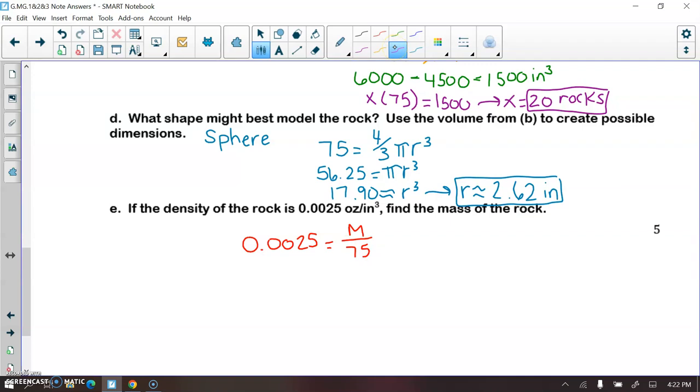So then I'm going to multiply both sides by 75 to get that the mass is equal to 0.1875 ounces. All right, that brings us to the end of this video.